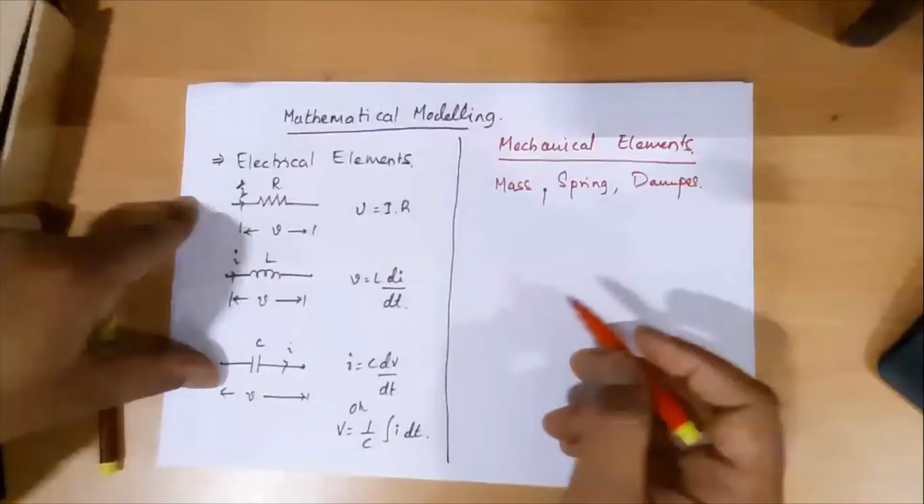Similar to electrical, in mechanical, if you want to reduce or represent any complex mechanical system in terms of elementary blocks, these are the three in which you can represent: mass, spring and friction or damper.